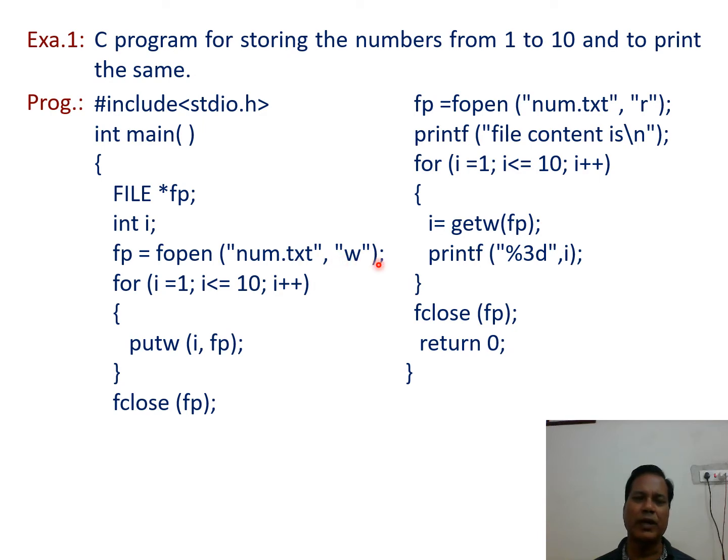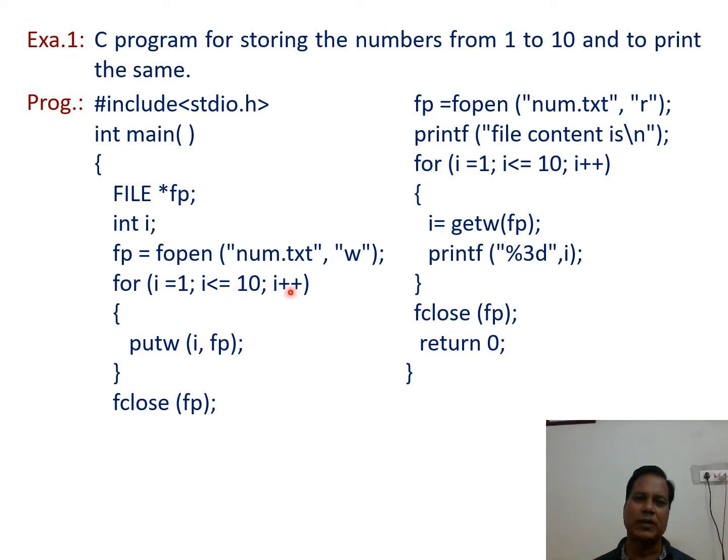The next statement opens the file and assigns its information to the file pointer fp. The name of the file is num.txt, that is a text file, and it is opened in the writing mode. Then for i = 1, i <= 10, i++.